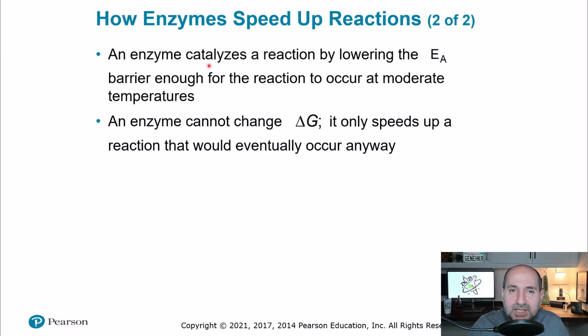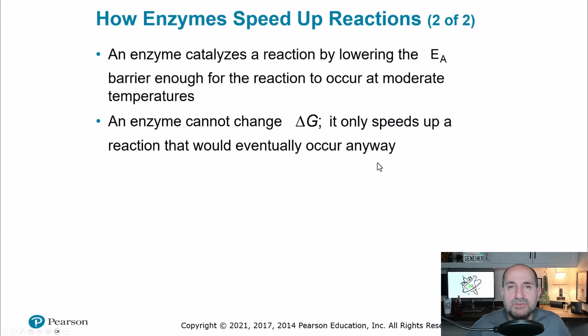An enzyme catalyzes a reaction by lowering the activation energy barrier for the reaction to occur at a moderate temperature. An enzyme cannot change the delta G of a reaction. So it doesn't change the delta G from negative to positive. It only speeds up a reaction that would have eventually occurred anyway.